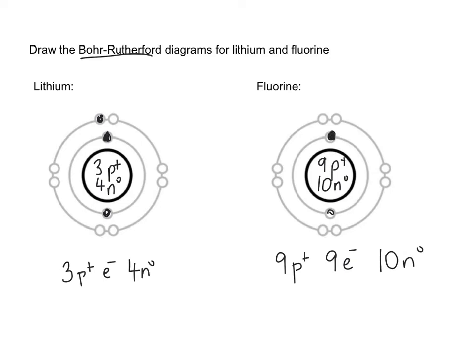So 1, 2, 3, 4, 5, 6. You see I'm going clockwise before I start doubling up. 7, 8, 9. So we're finished. So these are our 2 Bohr-Rutherford diagrams. Now lithium is a metal.